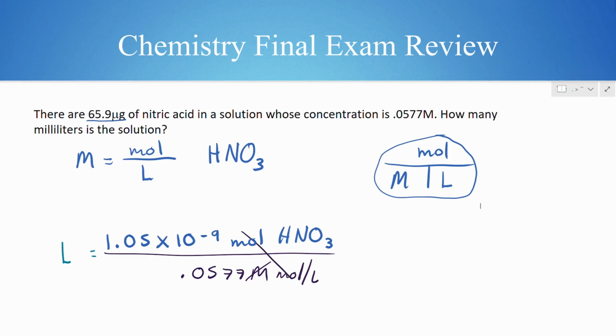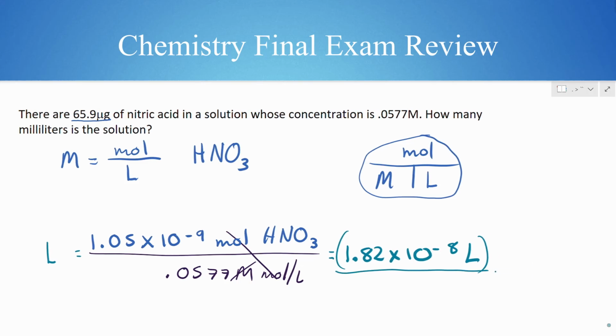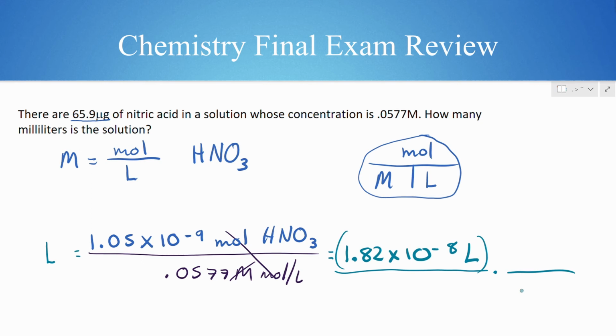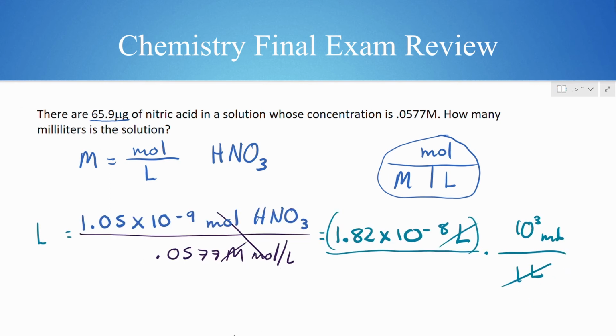This is going to be 1.82 times 10 to the negative 8 liters. Now we have to convert this to mL, so we multiply by 10 to the 3. The conversion factor looks like this. This gives 1.82 times 10 to the negative 5 mL.